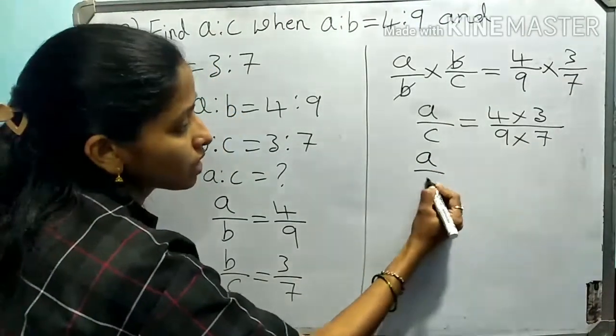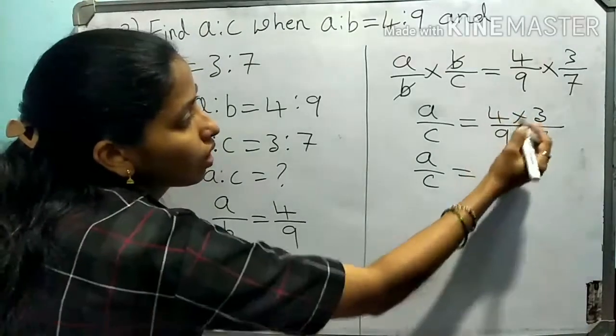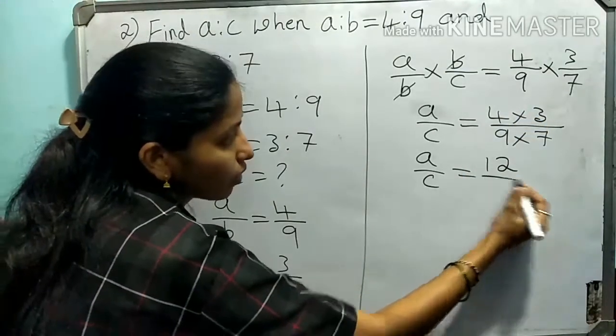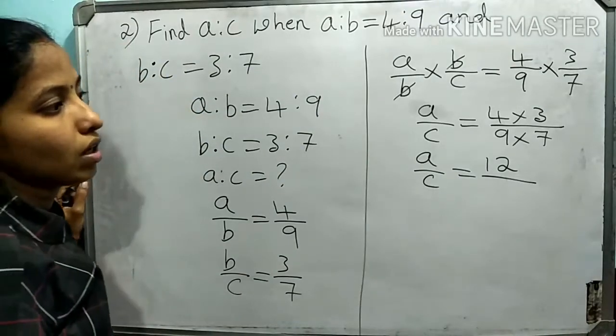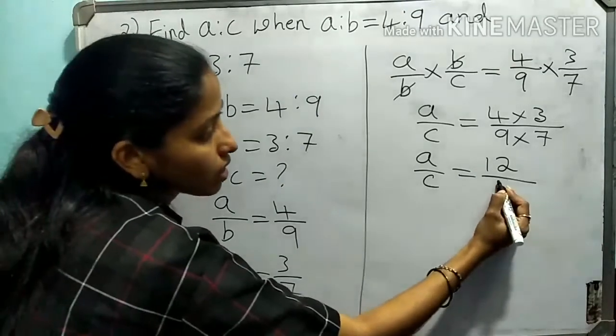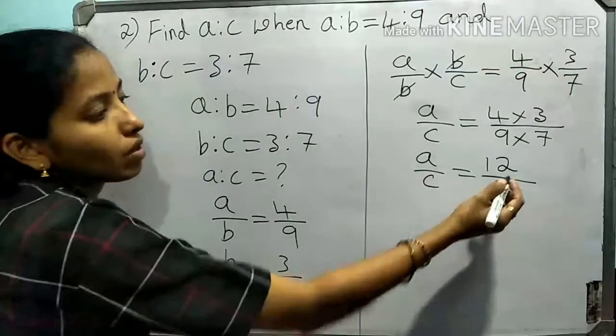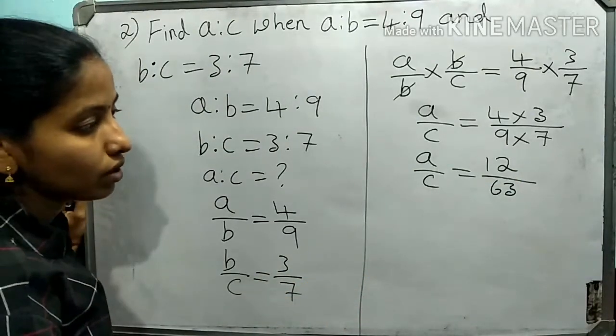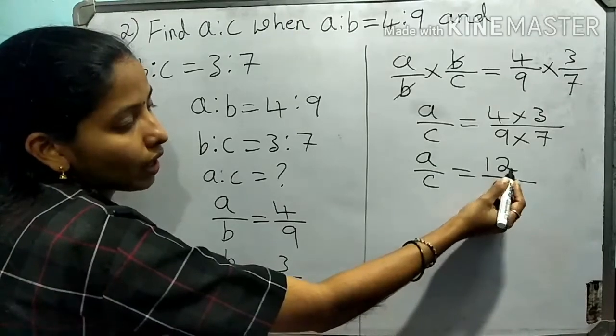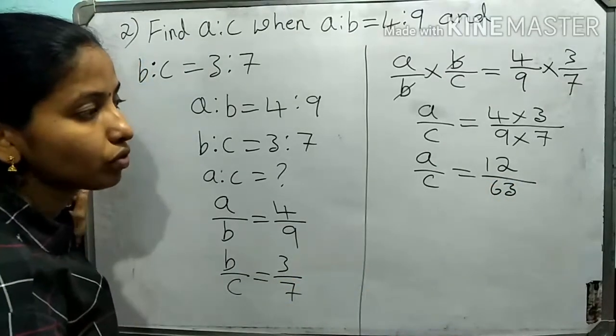So A by C is equal to 4 3s are 12 divided by 7 9s are 63. So here we can simplify further. Here 12 and 63 are multiples of 3.